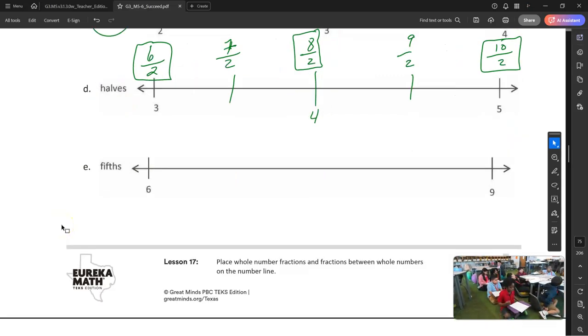Okay, next one, fifths. That's what we're doing, fifths. If you look at 6 to 9, what numbers are we missing? 7 and 8. Now, what do we need in between each one? Fifths. So we're splitting each one into 5.